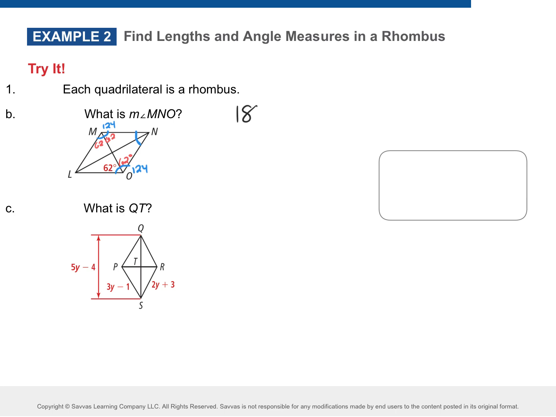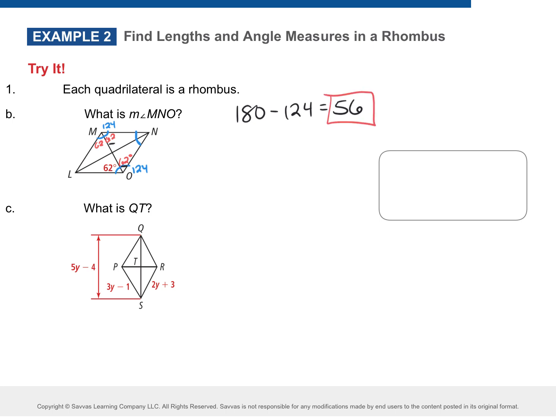So I could take 180 minus 124 to give me 56. So that's one way. What's another way? We know two angles. Could you find the third? Yep, so you could have done 62 plus 62, which would get you to 124. It would be the same thing. See how all this is working out? Good. So our answer is 56.